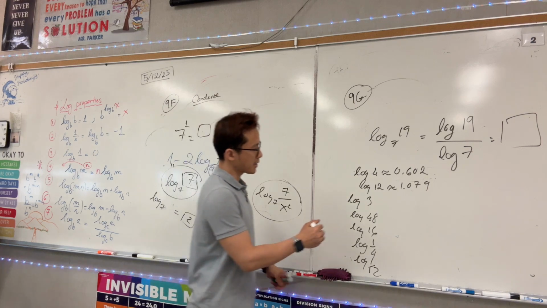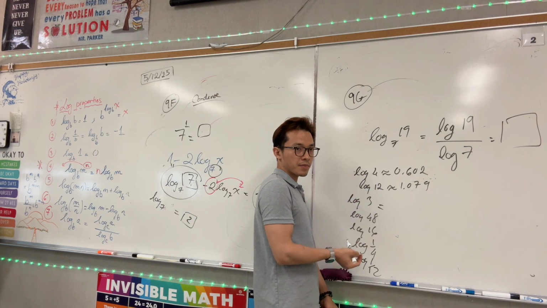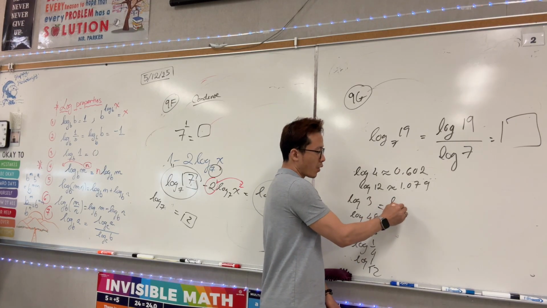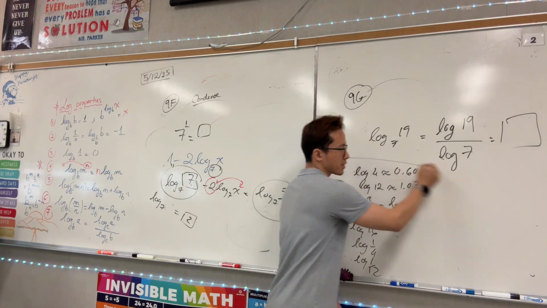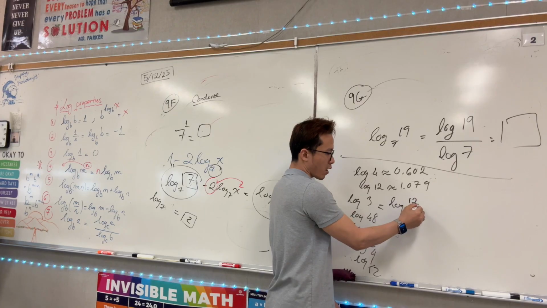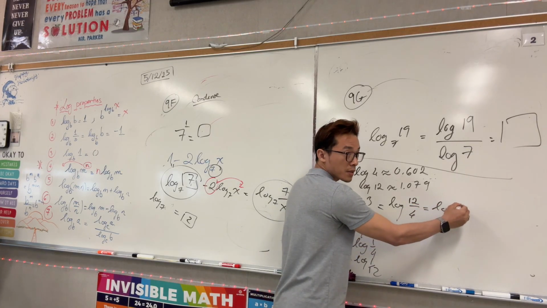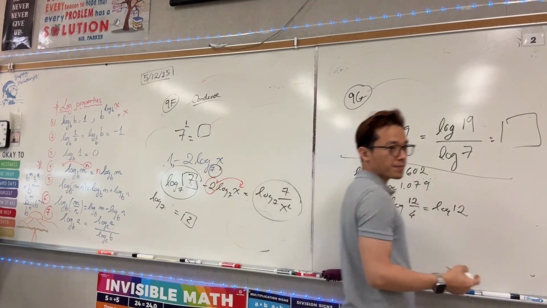Let's stay a little bit. Log 3, how do you find log 3 from log 4 and log 12? 12 divided by 4, yeah? Oh, this part is no calculator, okay? Only this. So this part is no calculator. So it's equal to log of 12 divided by 4. And that means log 12, how do you break this?